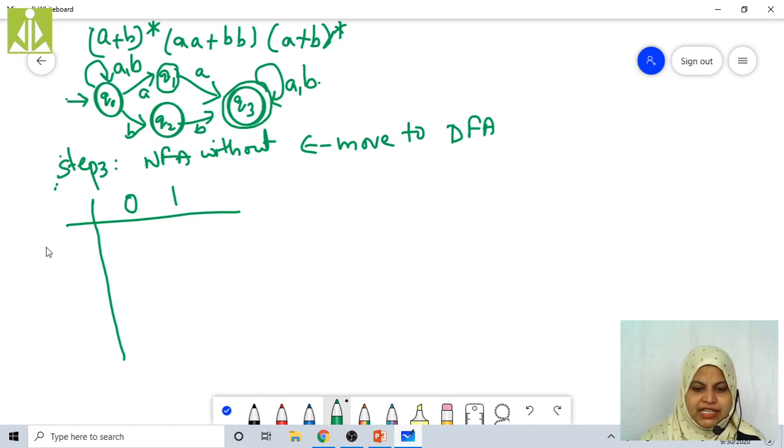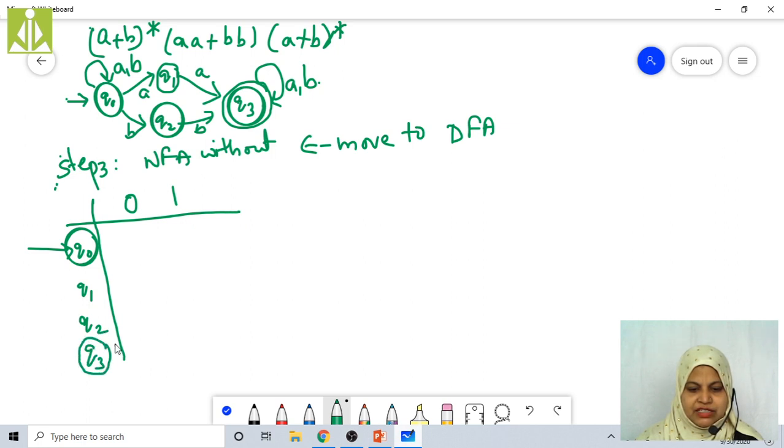How many states are there? Here Q naught, right? Initial state, Q naught is the initial state. Then Q1, Q2, Q3. Q3 is the final state, right? Q naught, Q1, Q2, Q3. Q naught on A, Q naught and Q1.